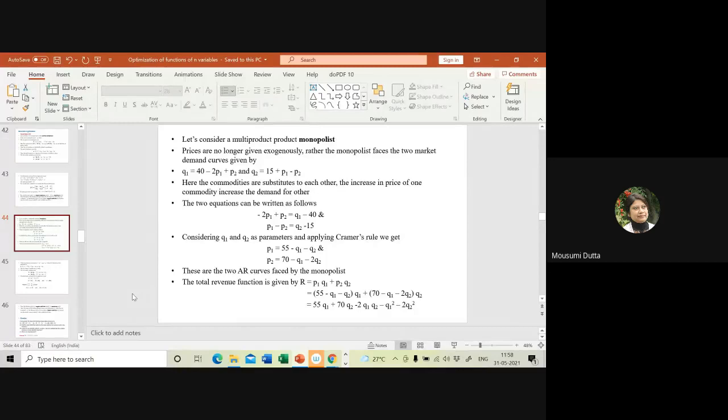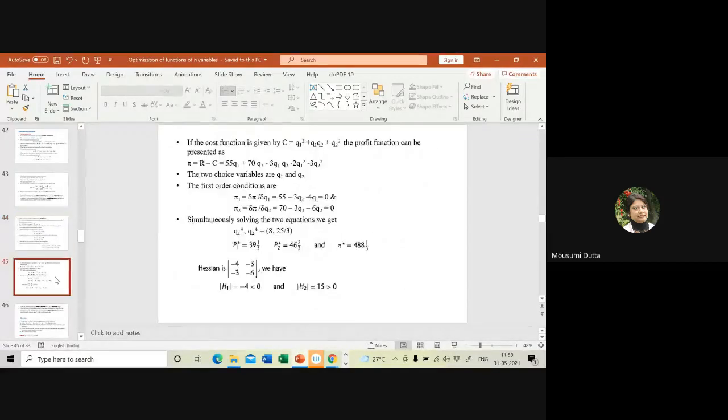The values are not that good. Check whether these are 39 1/3, 46 2/3, and profit is 488 1/3.